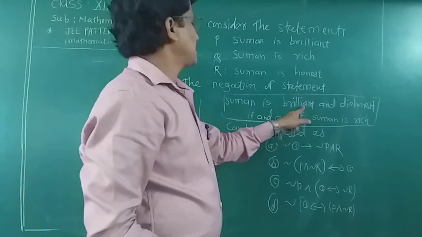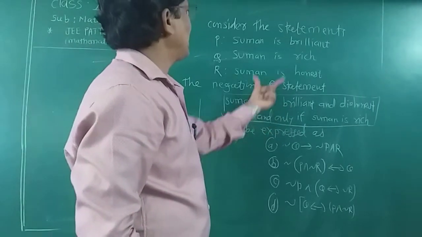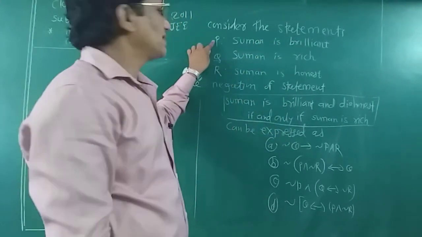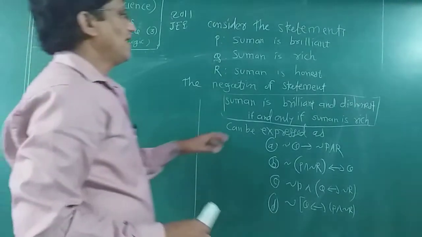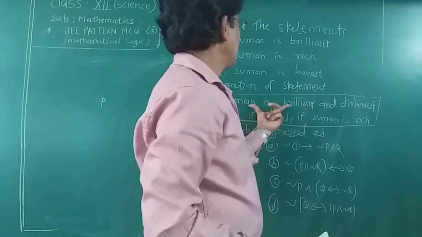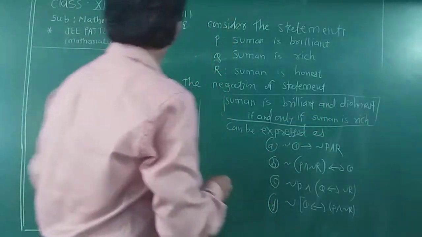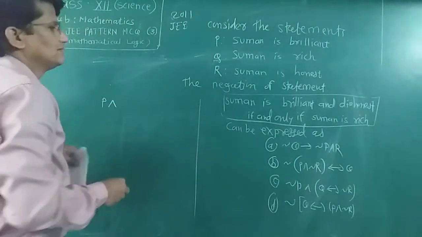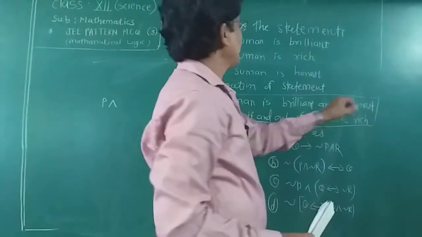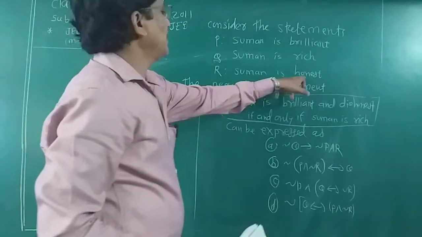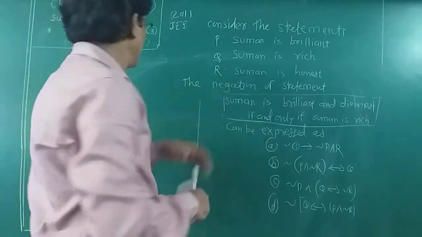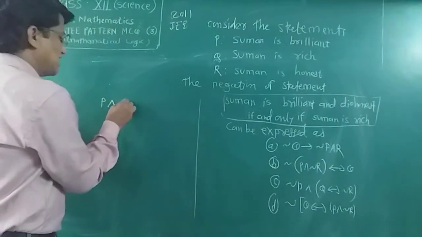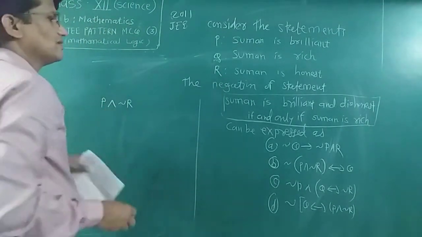Suman is brilliant, and for this statement the name given is P. Then Suman is brilliant and uses this symbol. Dishonest: Suman is honest, for honest there is capital R, and for dishonest, the negation of this.